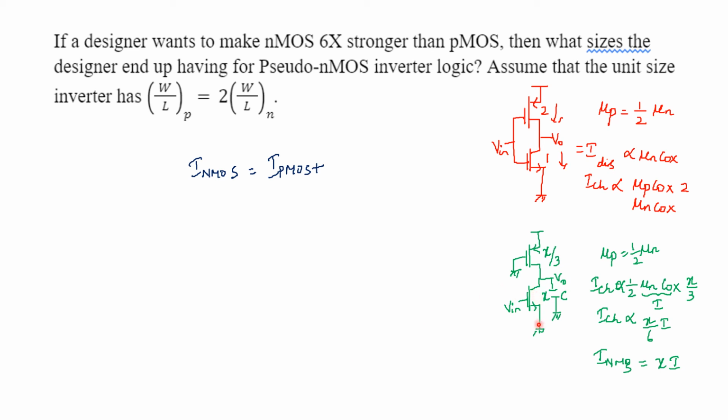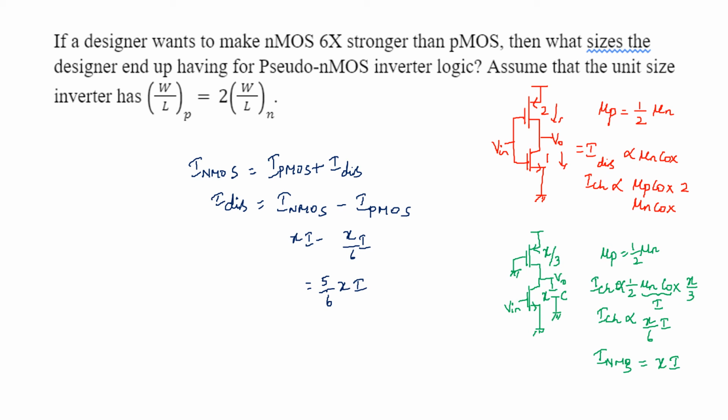So the current through this NMOS is equal to the current through the PMOS plus the discharge current. Therefore, I can write I discharge is equal to I NMOS minus I PMOS. So this is equal to X times I minus X by 6 I, which is 5 by 6 X I. This is the discharge current.